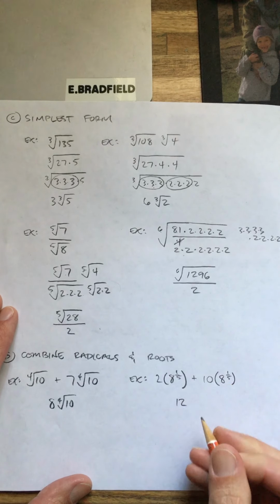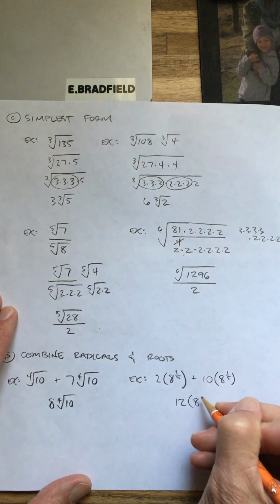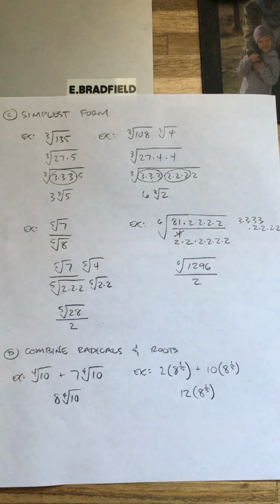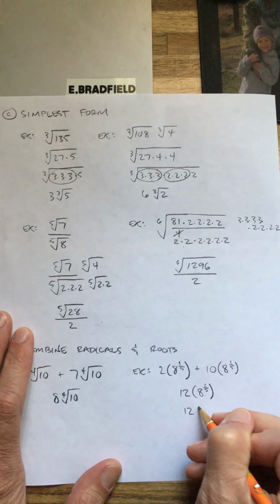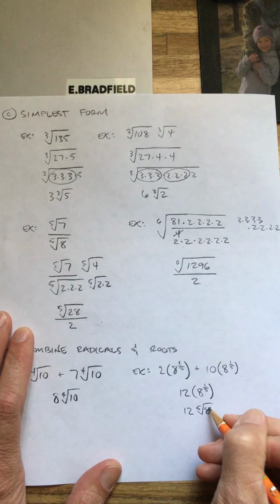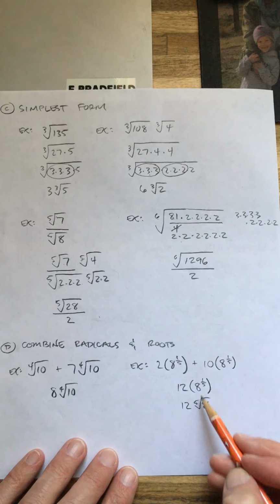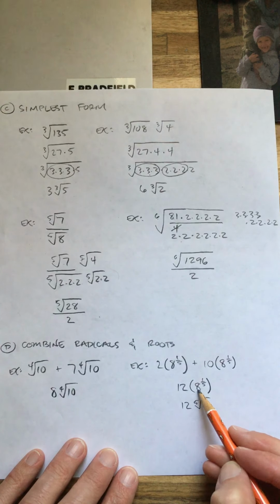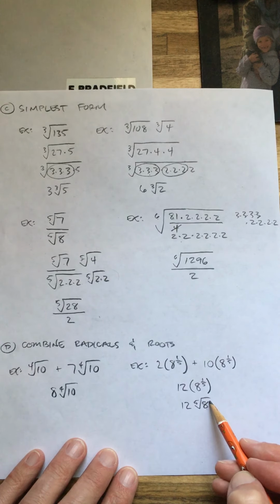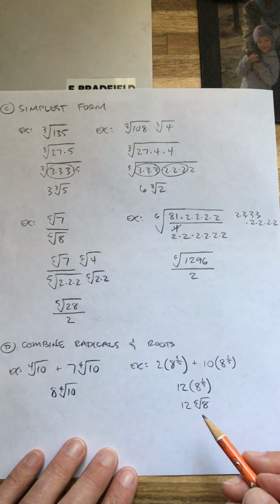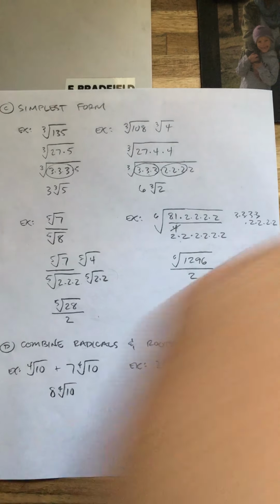So 12 of the 8 to the power of 1/5, or I have 12 of the fifth root of 8. So you could write it like this if you want, 12 times the fifth root of 8, okay? Again, if I'm going too fast, remember, you write the radical, the base is 8, the power is 1, so you don't need to write a 1 right there, and the root is 5, so it's the fifth root, okay?